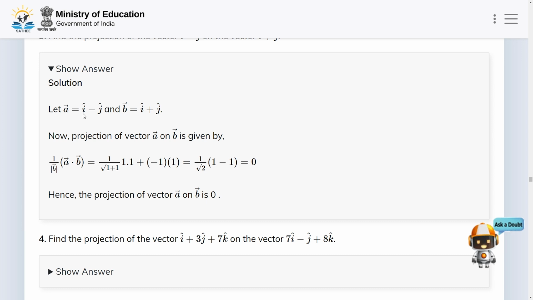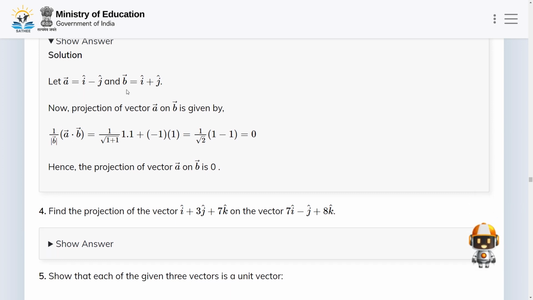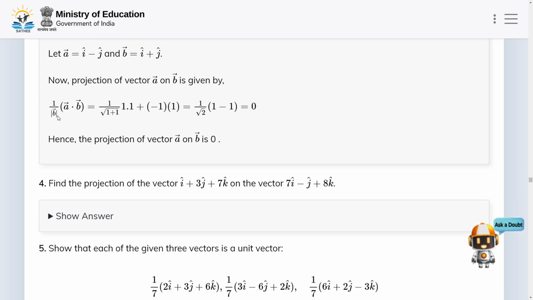Dot product is very easy to find. Multiply the corresponding components and then add up, and divide by the second vector's magnitude. As you can see here, you will have 1 by √2 multiply with 1 minus 1, which means 0. So your projection will be just 0.